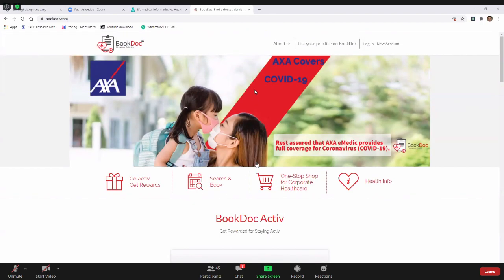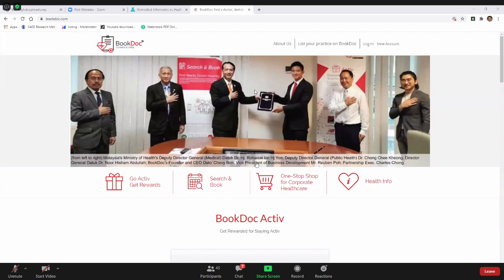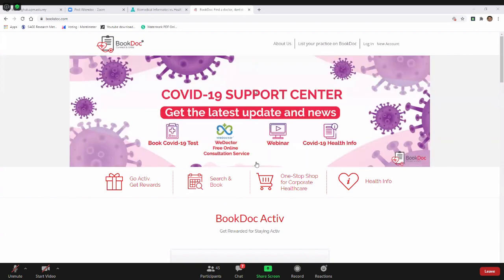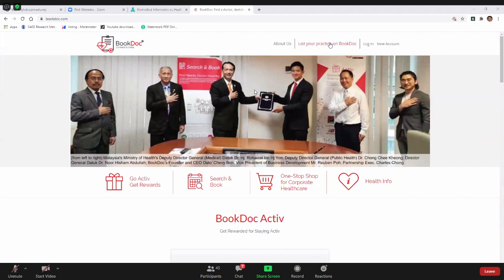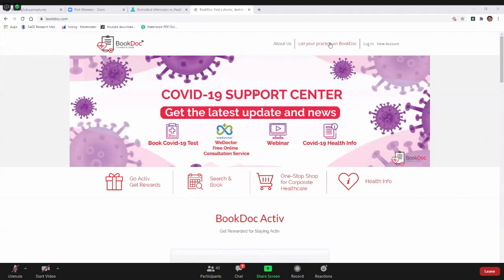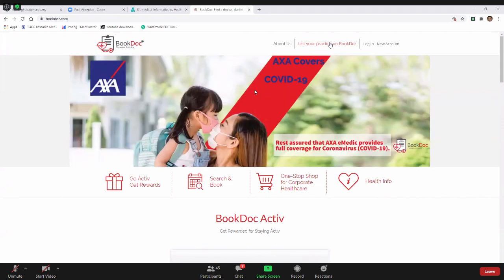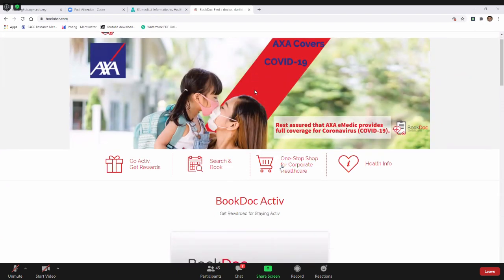Of course, this interface is just the website. But when you go to the app, you will see that there are a lot more other options. I can't do the handphone interface on my PC, but you can browse later.